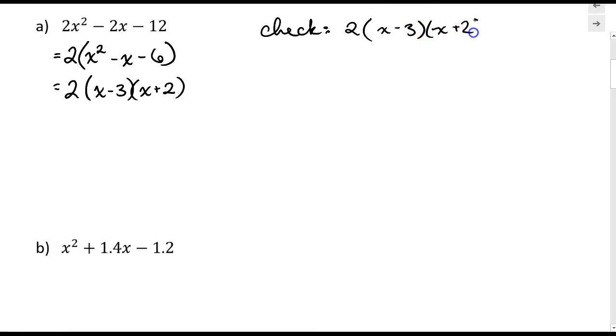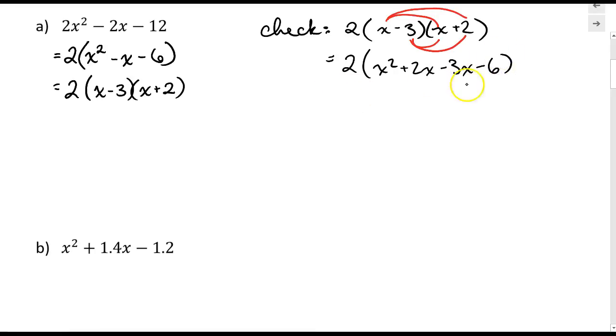like so. So we FOIL out our brackets, firsts, outsides, insides, lasts. That's what FOIL stands for, if you recall. So we've got x squared plus 2x minus 3x minus 6. Collect like terms. That's x squared minus x minus 6.